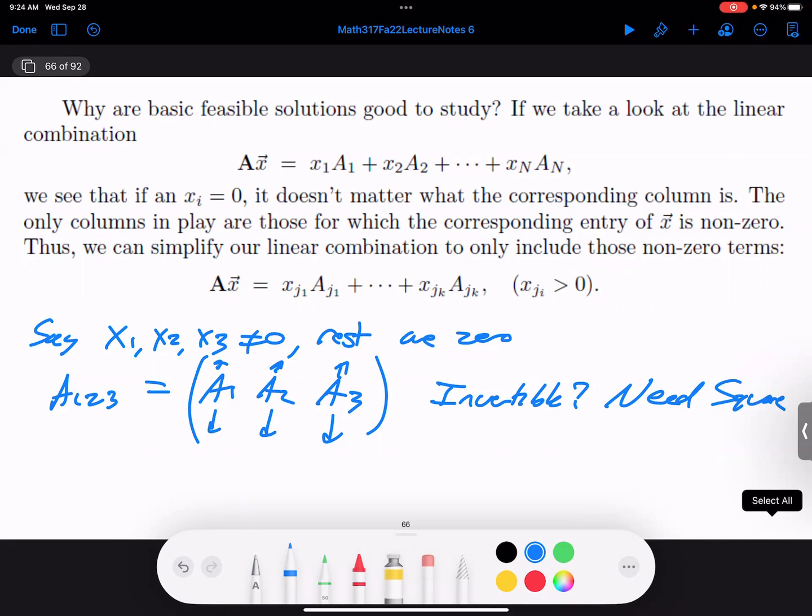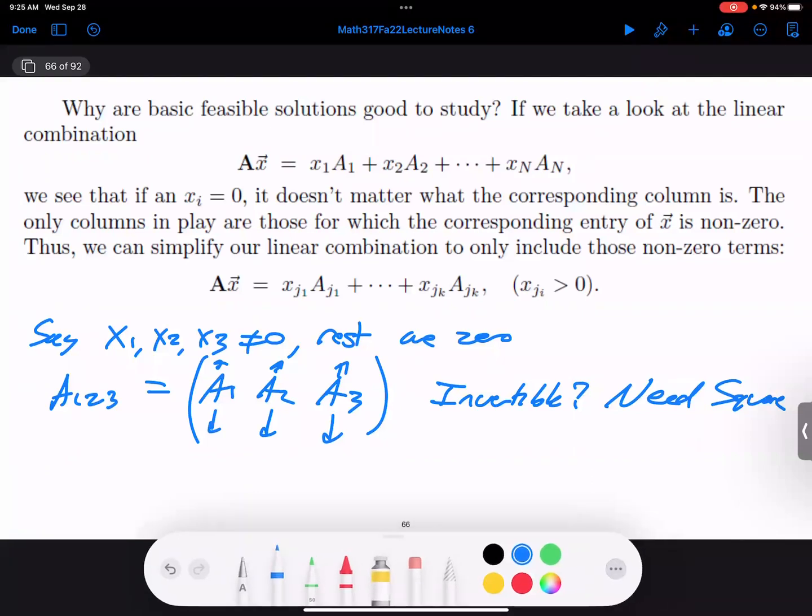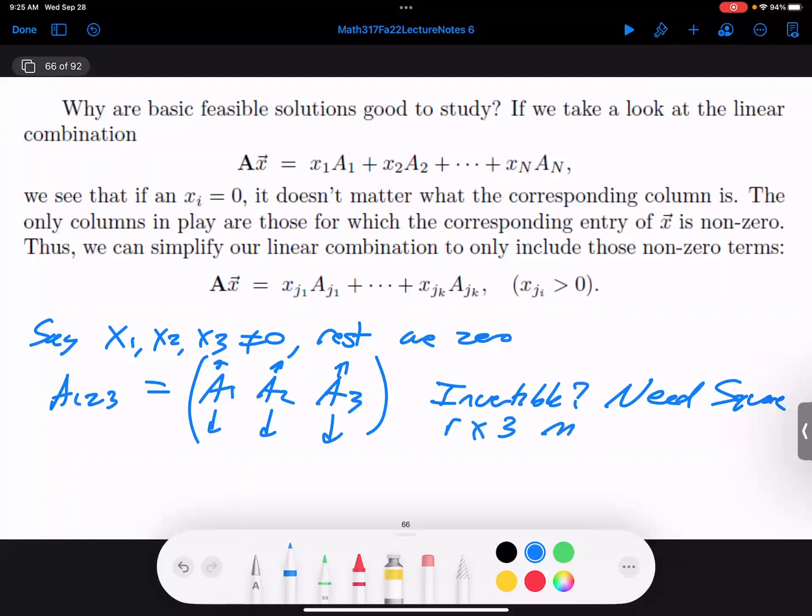So this might be, let's say we have R rows and 3 columns. So maybe this is an R by 3 matrix. What would A transpose be? What is the dimension of A transpose? 3 by R. So A transpose is 3 by R. So do I want to do A transpose, or do I want to do A transpose A?